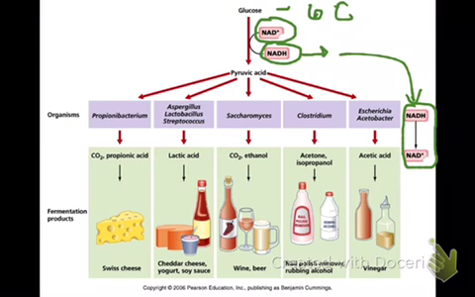Normally in the body, NADH reacts with oxygen using some enzymes, and that's how NAD is regenerated, because oxygen is the electron acceptor in this case. But in these fermentations, there is no oxygen. So NADH, in order to get back to NAD, needs to be involved in these steps here.